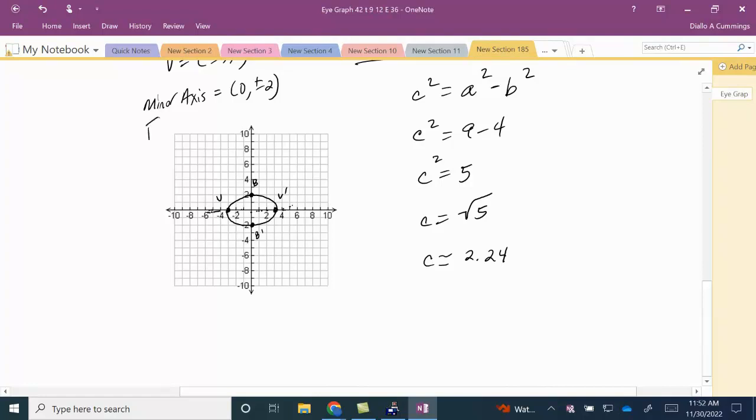So our foci are going to be located at negative 2.24 comma 0. I'll just write it all out as plus or minus 2.24 comma 0.